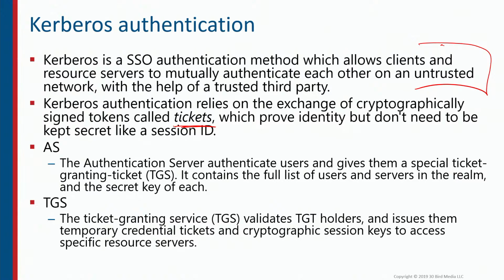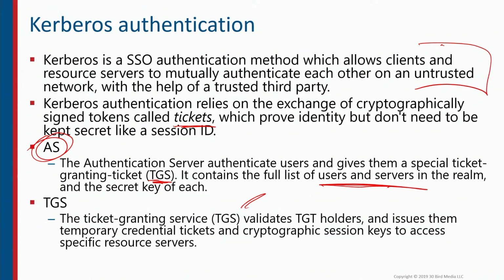And the idea is that unlike a session ID, your ticket can be seen on the wire without too much hassle. And the way that this happens is, and if you ever study for a Microsoft test, you'll get to go over all of this fun stuff in the context of Active Directory, but there is an authentication server out there somewhere that gives you a ticket granting ticket that's got a list of the users and servers and then what their key is.